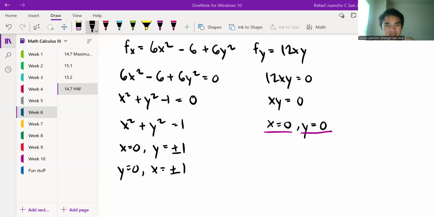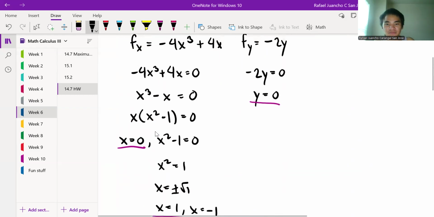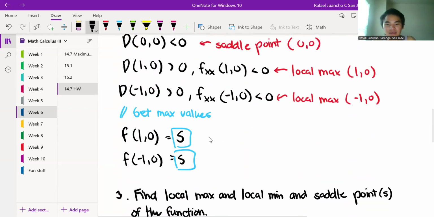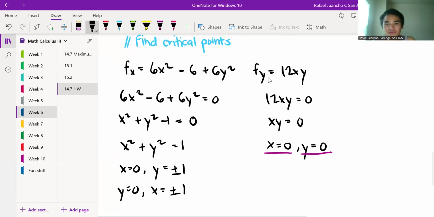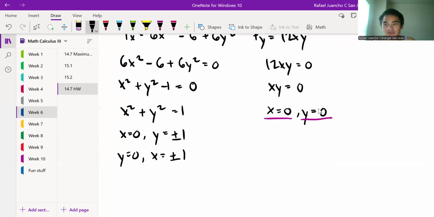Okay, so the difference here when we approach this problem, because here in the previous one, we get y, we get x, and then that's it. Here, there's an x and a y, so it's a system of equations, right? So we solve x and y. Here we get x is 0 and y is 0. And then we plug that into the other one. And then here we get this part.